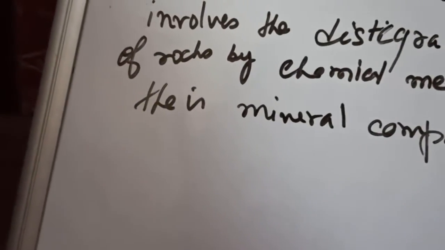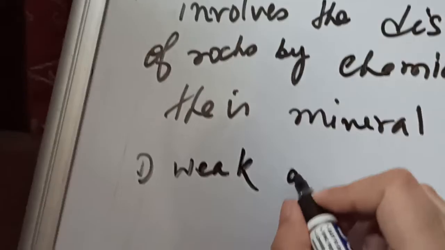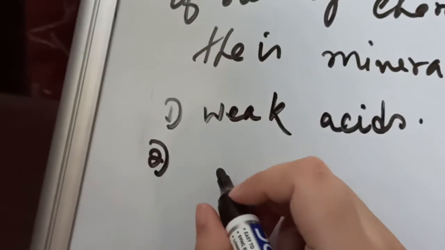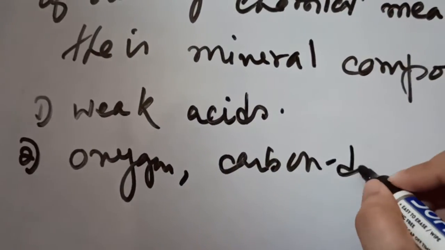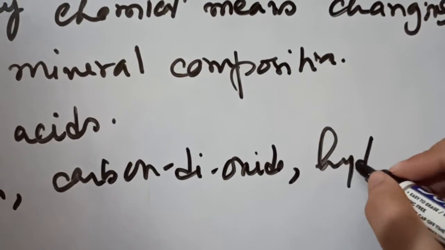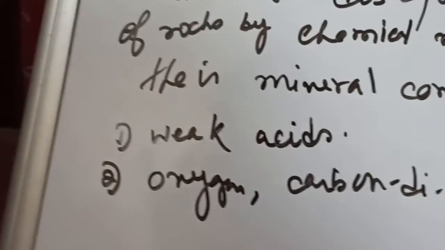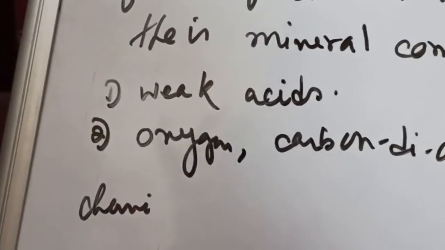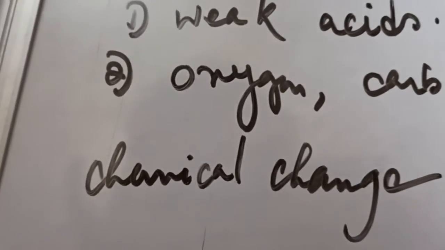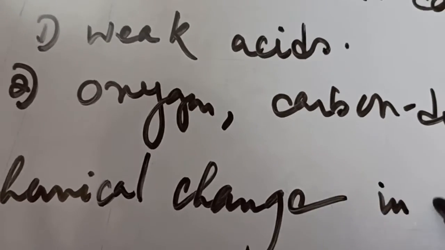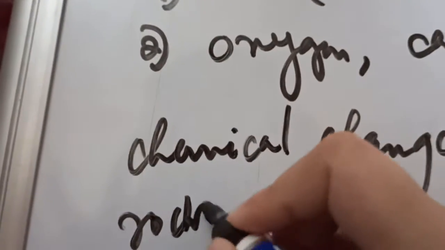This type of weathering results from the action of weak acids, then gases like oxygen, carbon dioxide, hydrogen, etc. This weathering produces a chemical change in the minerals of the rocks.